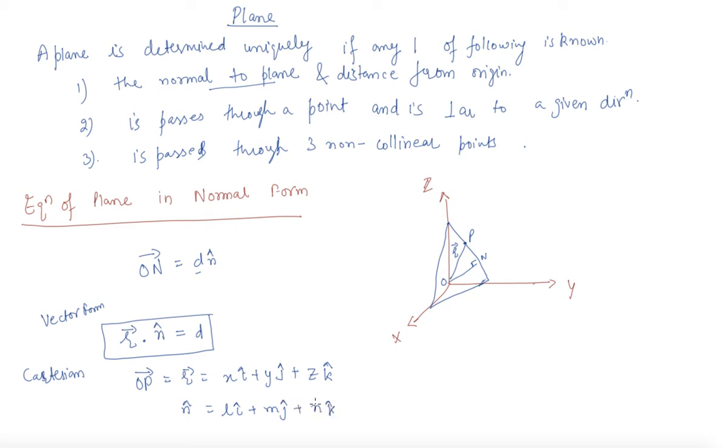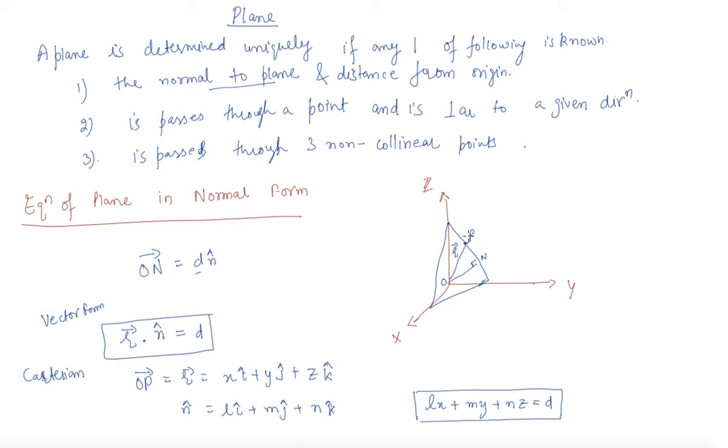So I can write the equation of the plane in Cartesian as Lx plus My plus Nz is equals to d, where L, M and N are the direction cosines of the perpendicular vector and X, Y, Z are the respective coordinates or the respective direction ratios of the OP vector or the radius vector.